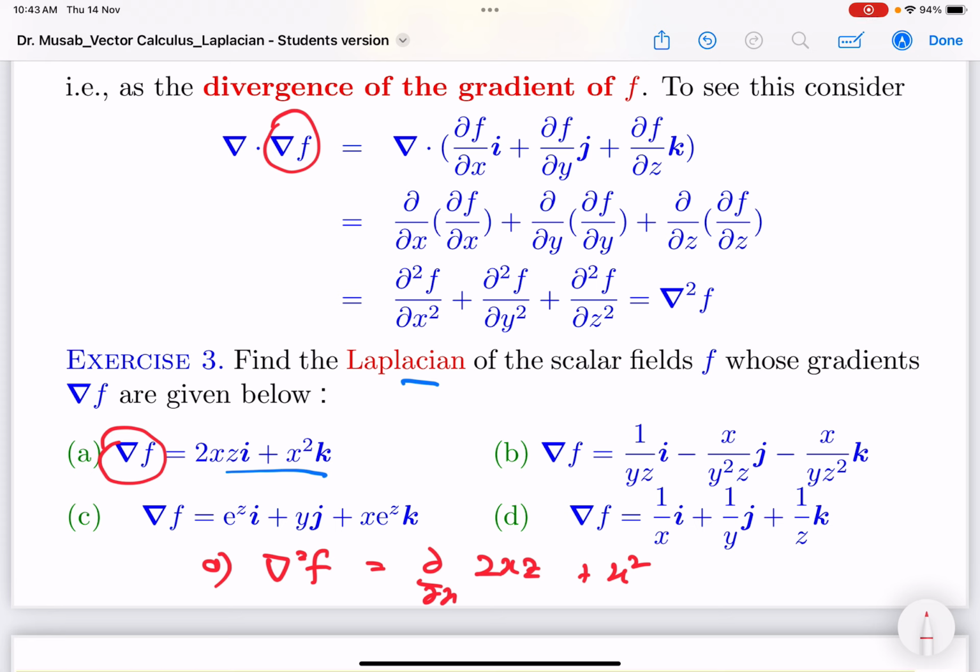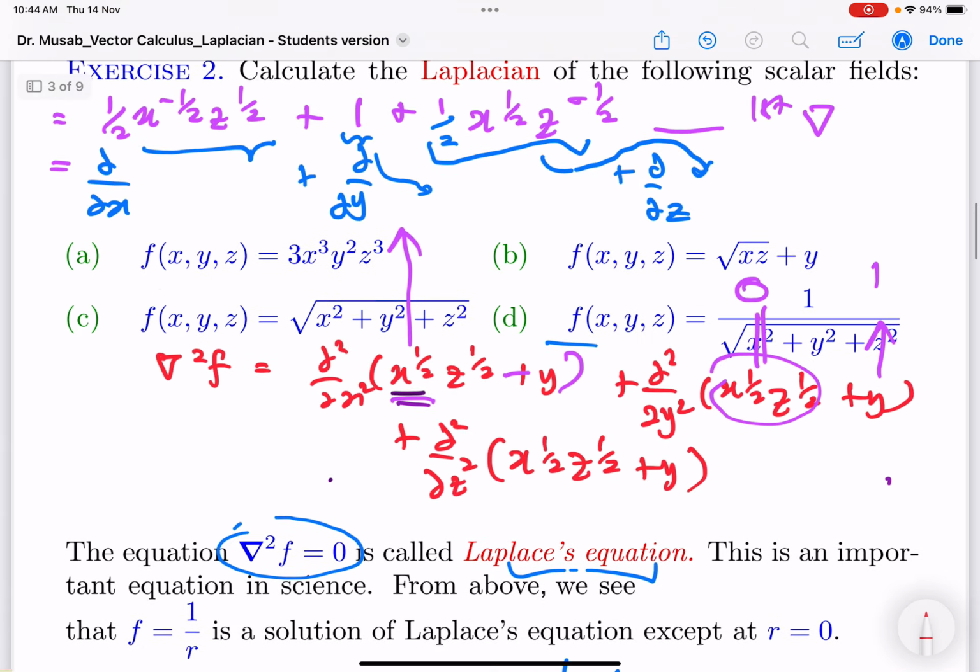This is already given in i and k, meaning each part is already assigned to a component, rather than the general vector equation that we did just now.